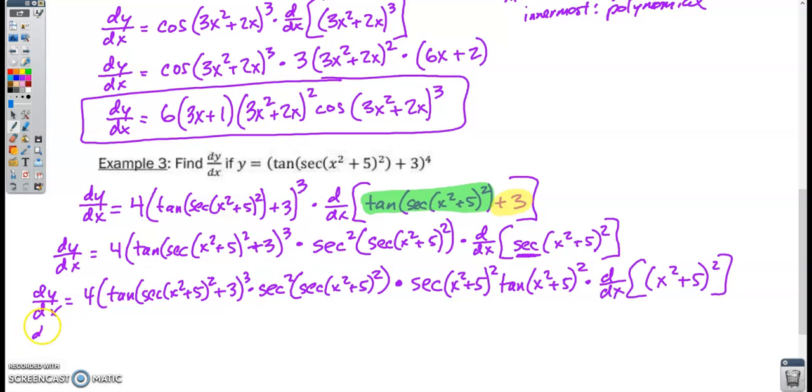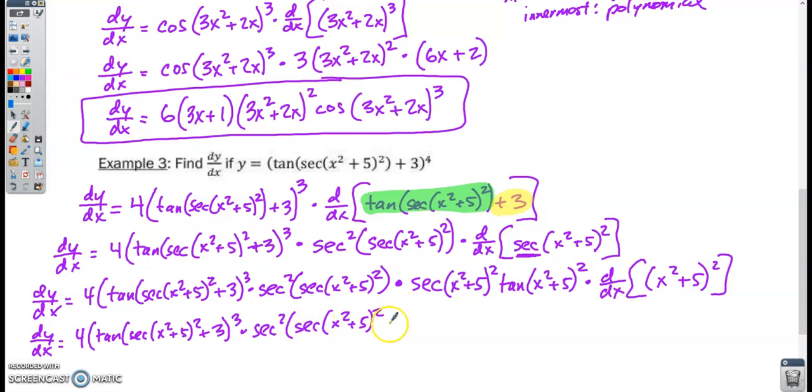Okay, almost there. So we've got all this stuff still. My goodness.